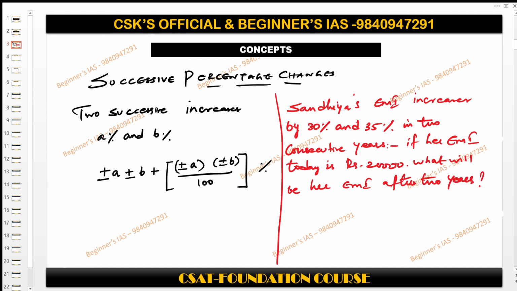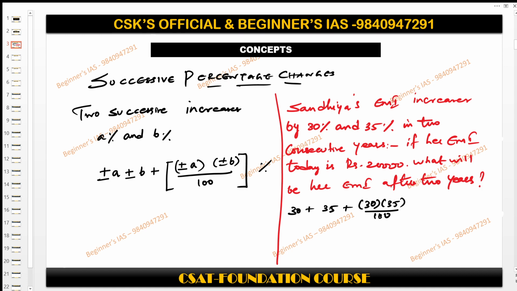Here, first of all, find the total percentage change. How to find the total percentage change? Both are increases, so 30 plus 35, positive here, 30 plus 35 by 100.